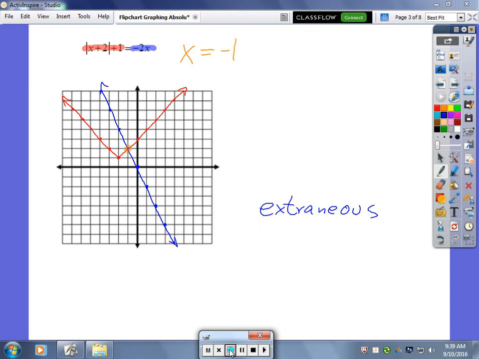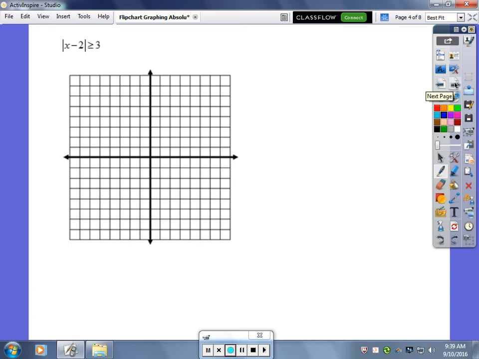So now let's move on to inequalities. The absolute value of x minus 2 is greater than or equal to 3. So again, we're going to graph both parts separately and then worry about the rest. Our vertex of our absolute value portion is at +2, 0.